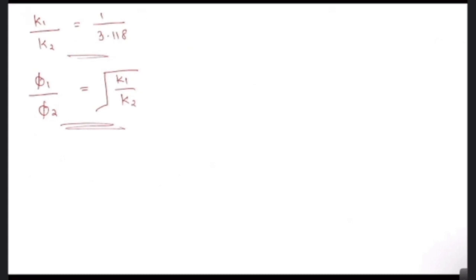Also we have phi 1 as 0.5. So substituting all these into equation 2, we get 0.5 by phi 2 is equal to root of 1 by 3.118.